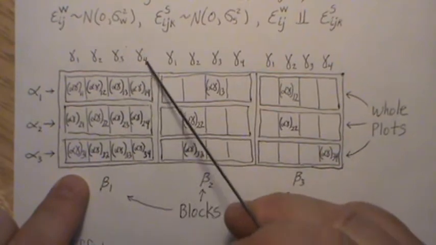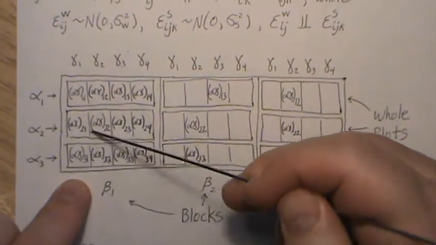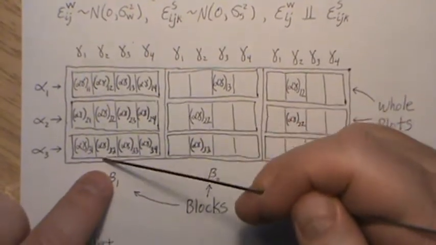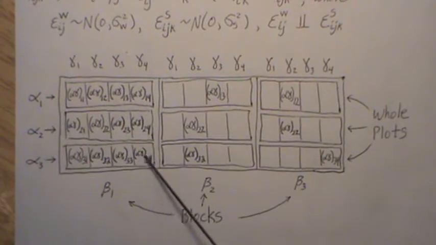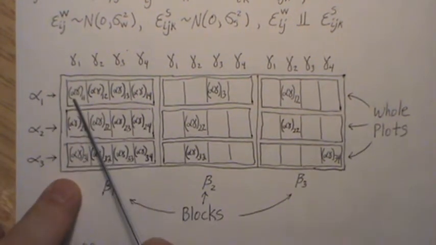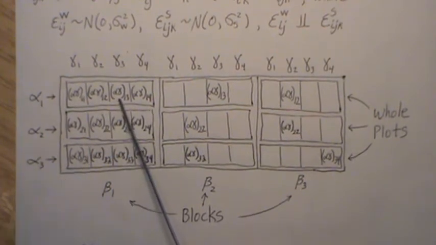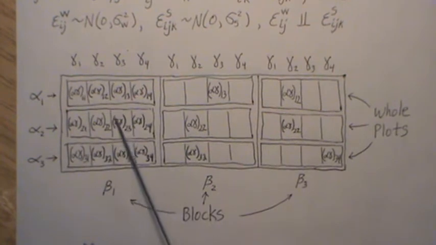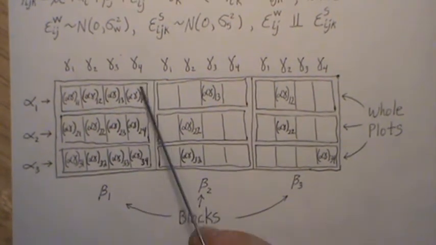For instance, there are 4 levels, and so this would be the effect for level 1, level 2, level 3, level 4. And then we also allow for interaction effects, so these could change individually. And so there's an alpha gamma 1 1, alpha gamma 1 2, etc., alpha gamma 2 3, alpha gamma 3 4.